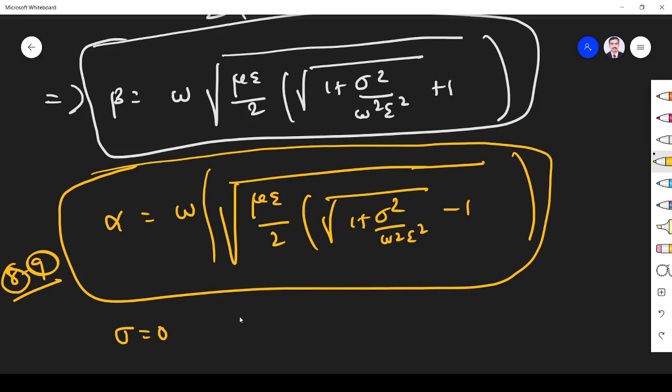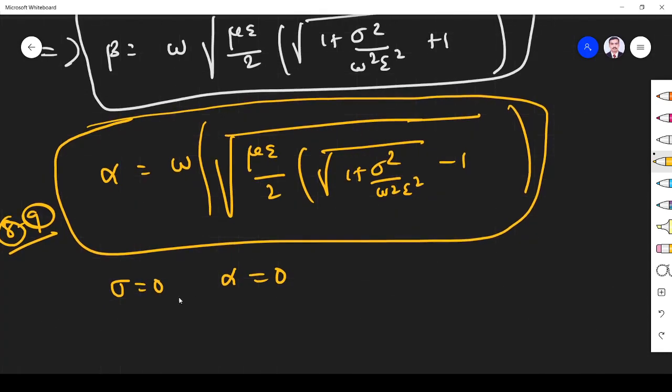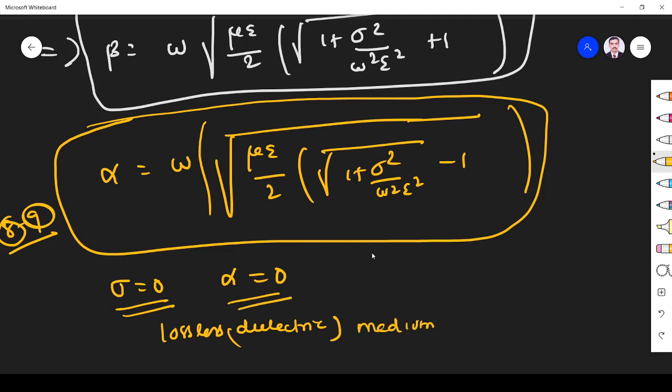That means alpha is equal to 0. Sigma is 0 for lossless dielectric, right? So in lossless medium or lossless dielectric, what happens? Alpha is called attenuation. Attenuation is 0.